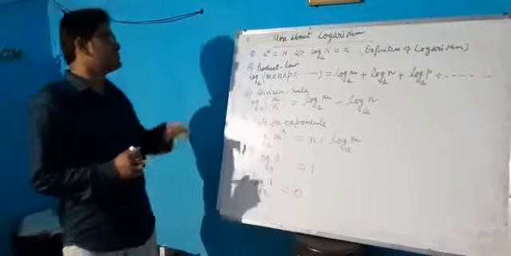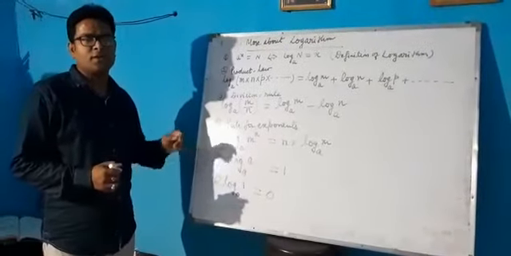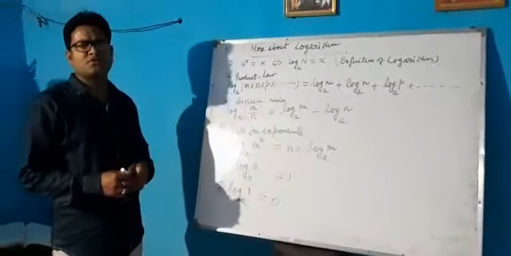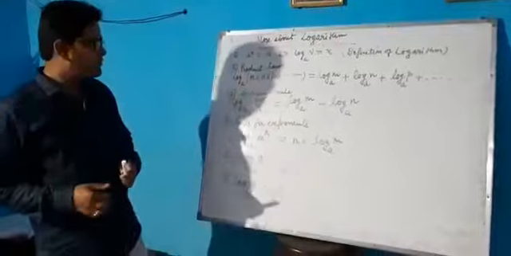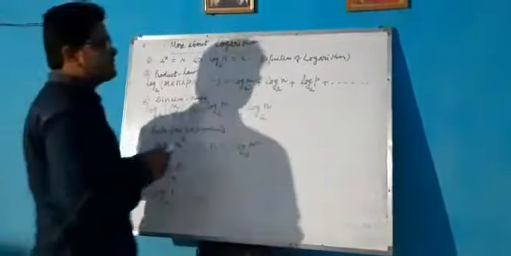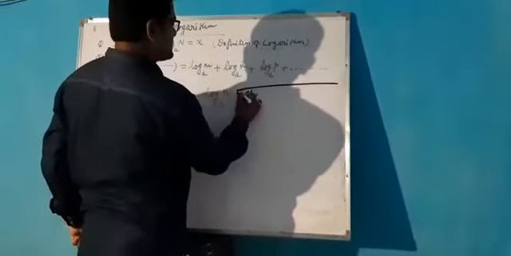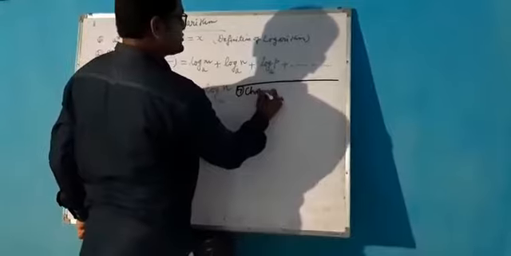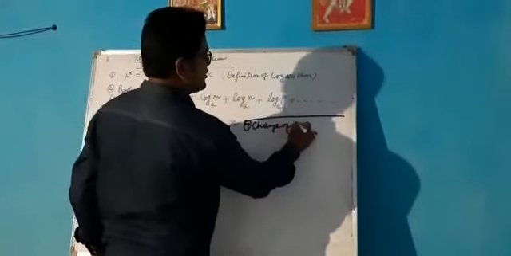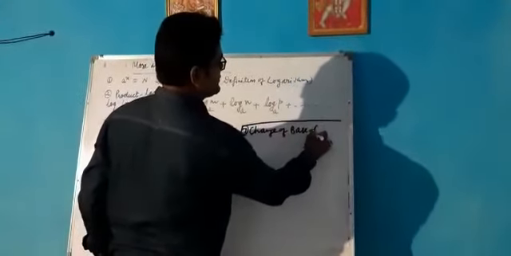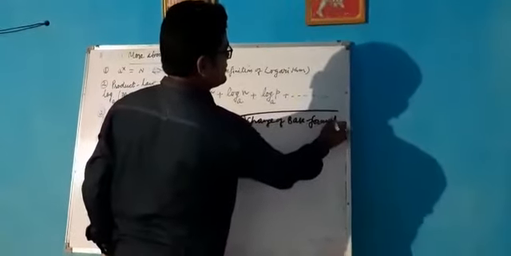All these rules I suggest everyone to learn, because they will be utilized in the questions. One of the most important rules which I want to discuss separately is known as change of base formula. The seventh concept is change of base formula. I suggest everyone to go through this.